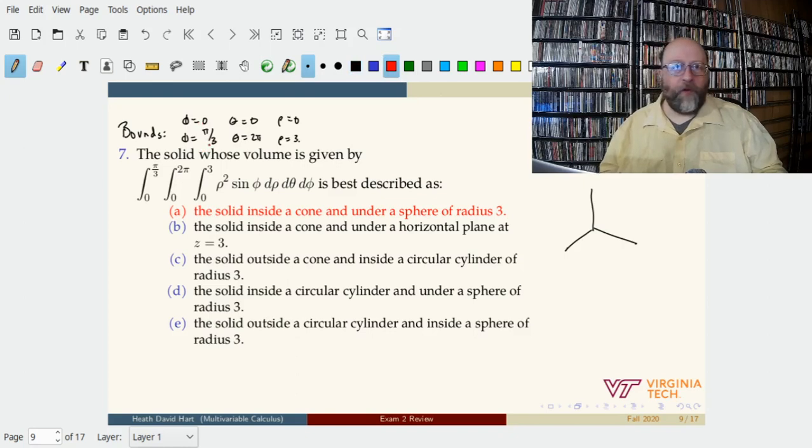So 0 to pi over 3 means that we start at the z-axis. That's where phi equals 0 starts. And we sweep down 60 degrees to an angle of pi over 3. And we get this triangle. Theta equals 0 to 2 pi says that we take this triangle and wrap it all the way around a circle of 2 pi.